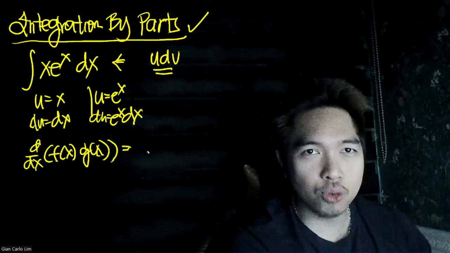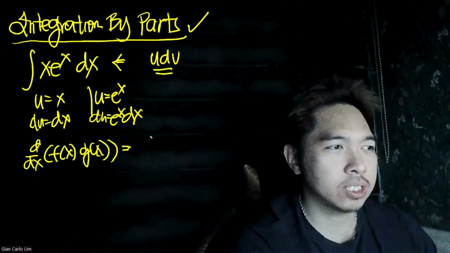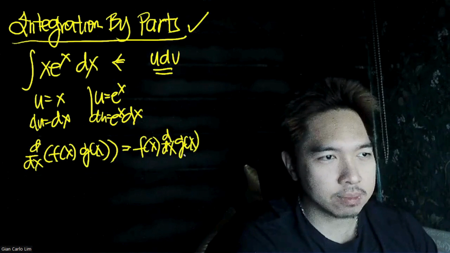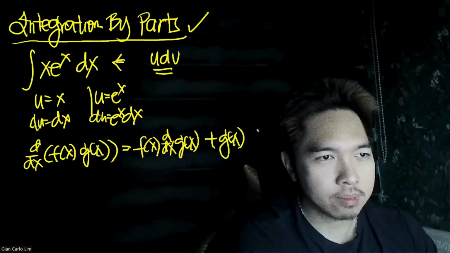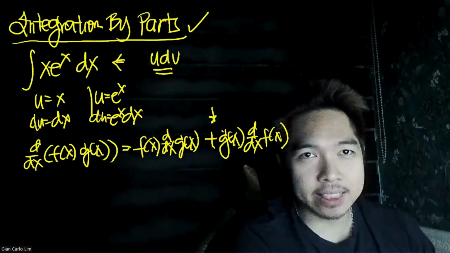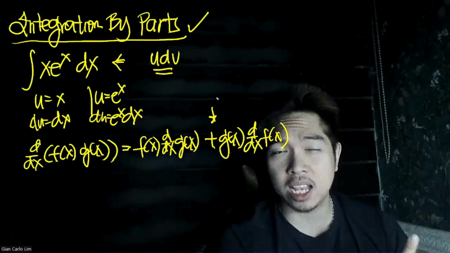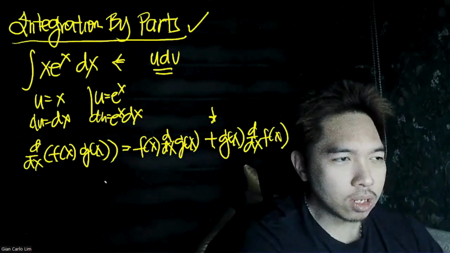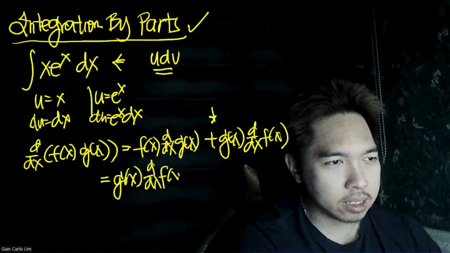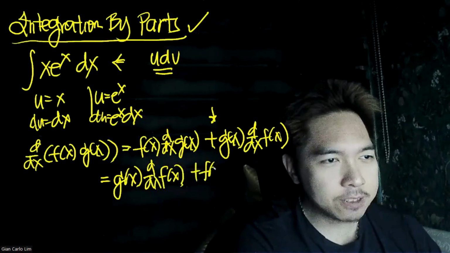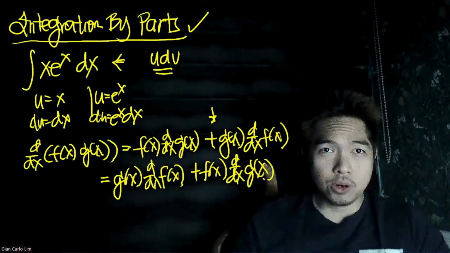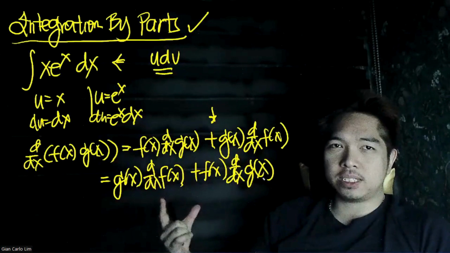So we know that the derivative of the product of two functions would then be equal to f of x d/dx of g of x plus g of x d/dx of f of x. All right. So since this is additive, we can reverse these two terms, so we can write this as g of x d/dx of f of x plus f of x d/dx of g of x. All right. So these are the rewritten form of this equation.